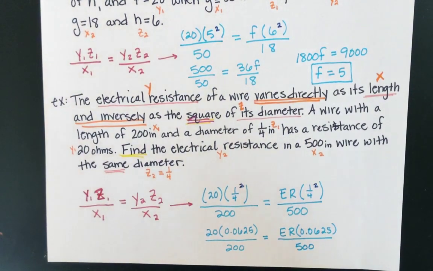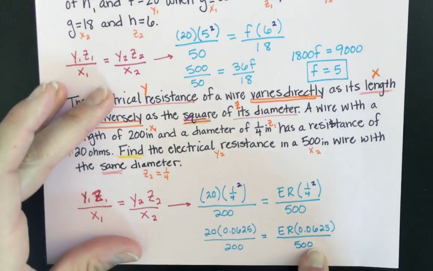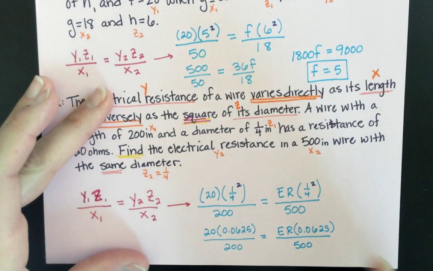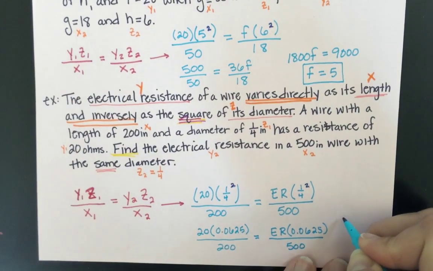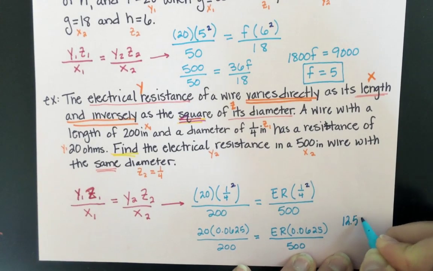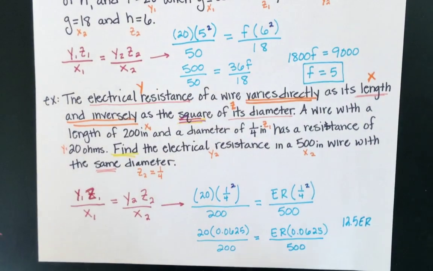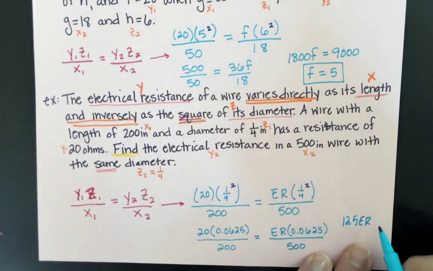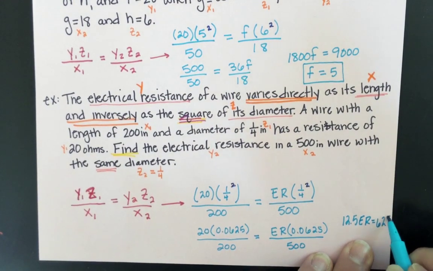And when we cross multiply, I'll just cross multiply that as it is. So we end up with 12.5 ER equals 625.